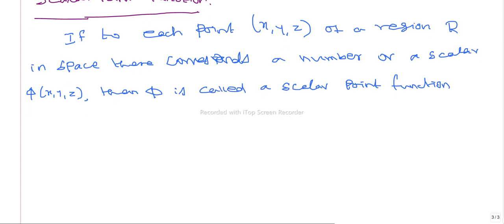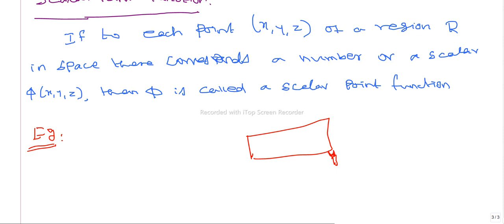So what is the meaning of this? What is a scalar point function? If we take any point in the plane, we have to assign some scalar. Maybe we discuss an example of a scalar point function. Suppose we have a rod in three-dimensional space, and you are heating it on one side.